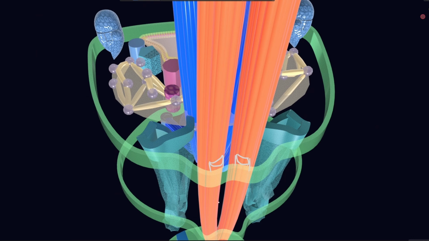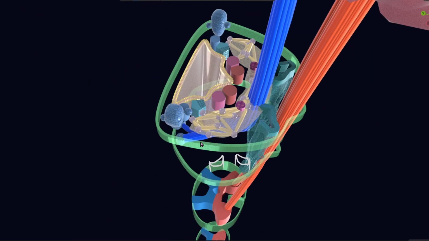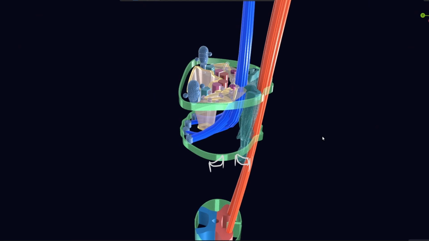Some authorities believe that it is basically inferiorly displaced pontine nuclei, and we will discuss pontine nuclei in the next lecture. Pontine nuclei also have functions similar to olive, and they are also derived from alar plate. But basically this is all that you need to understand about the medulla oblongata.